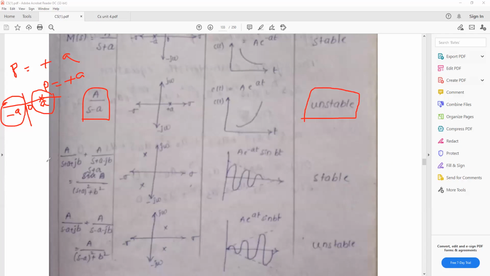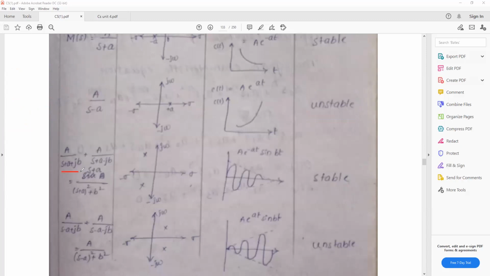And the next transfer function: a by s plus a plus jb, and a by s plus a minus jb. The two poles are minus a minus jb and minus a plus jb.